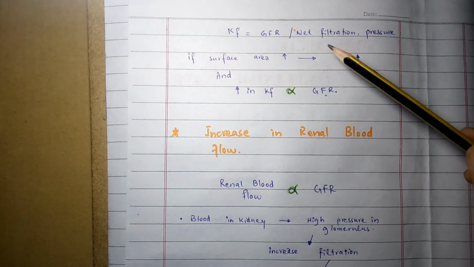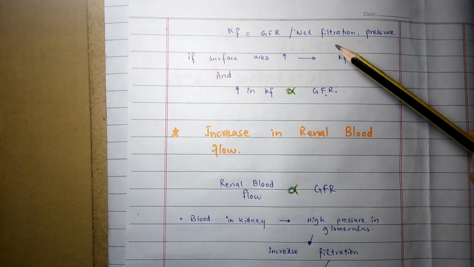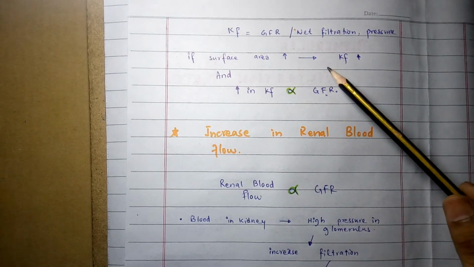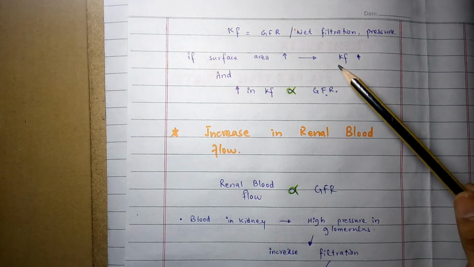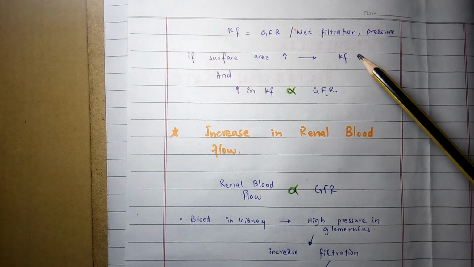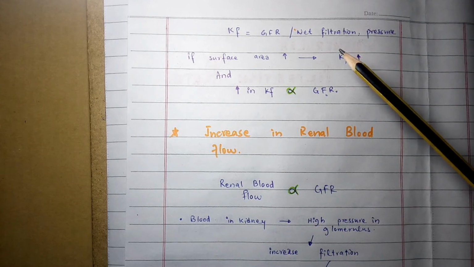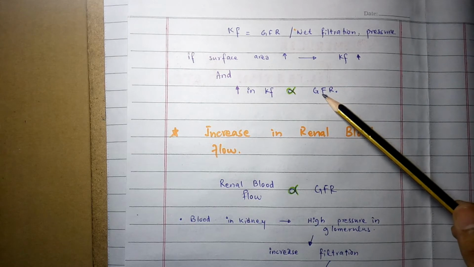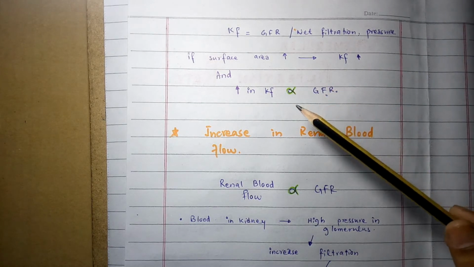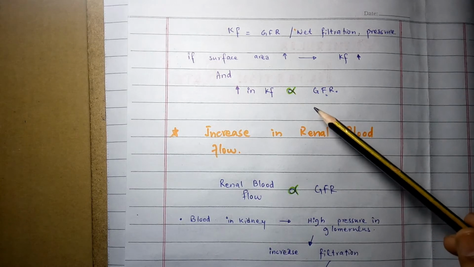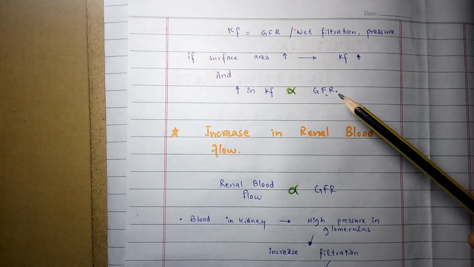Kf is affected by the surface area of the glomerular capillaries. If the surface area of the glomerular capillaries is increased, then the glomerular capillary coefficient increases, and if the Kf increases, then the GFR increases. So an increase in the capillary filtration coefficient increases the GFR.